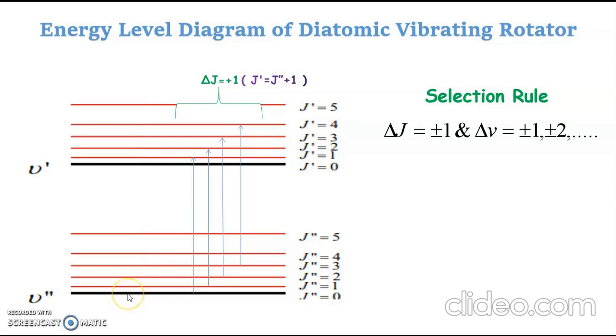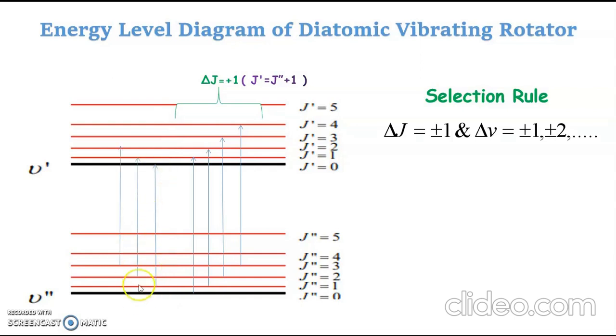So there must be a transition from the first rotational level of the ground vibrational level to the ground rotational level of the first vibrational level, that is J double prime 1 to J prime 0.